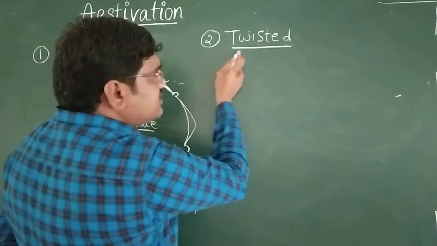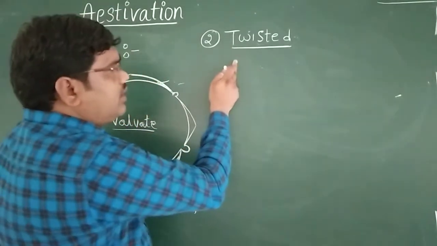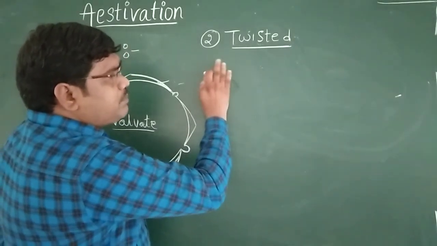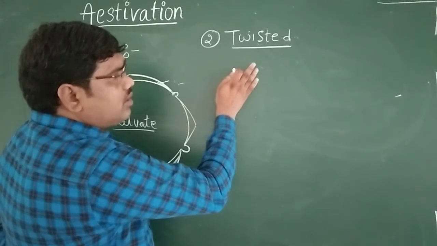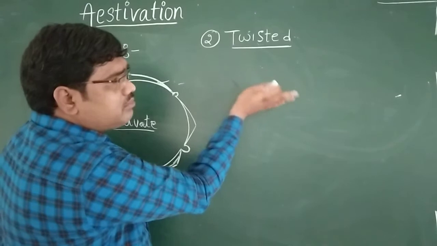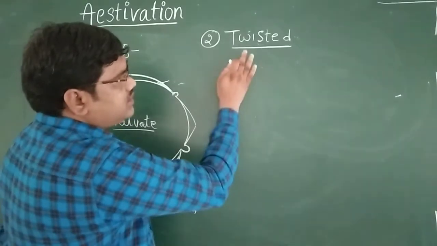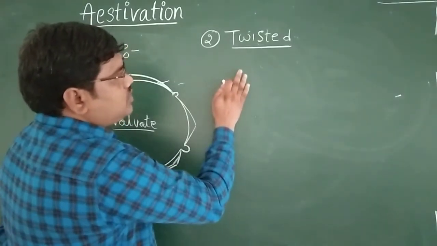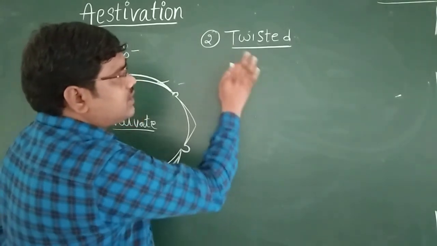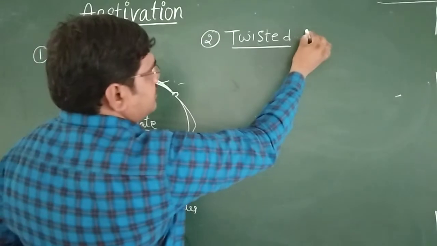In this type of estivation, each petal margin is overlapping the margin of the next petal.